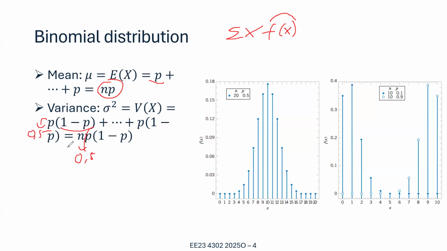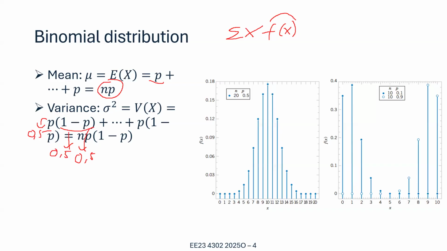So this is also a half. But if one of the sides has a better probability than the other, let's say 0.8 and 0.2, then we will have less variance. So yeah, that's the mean and the variance of the binomial distribution.